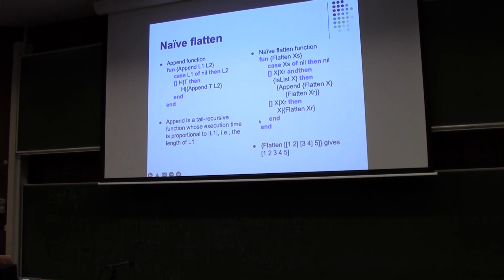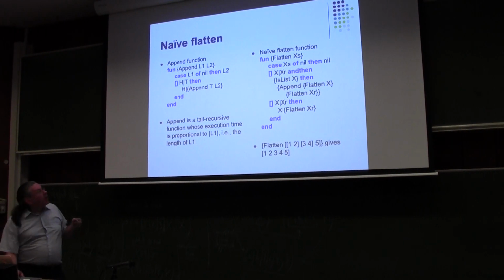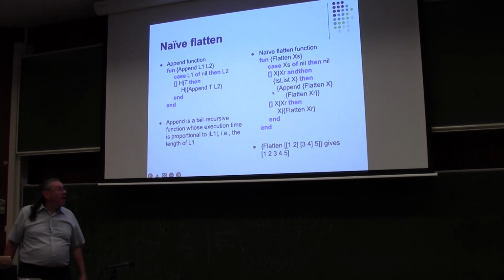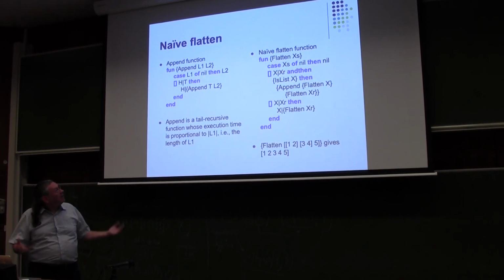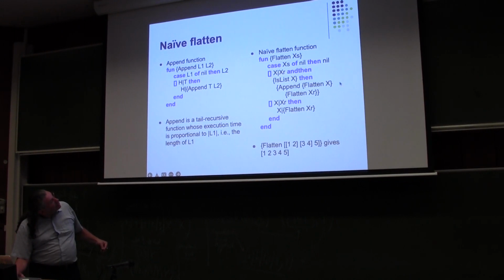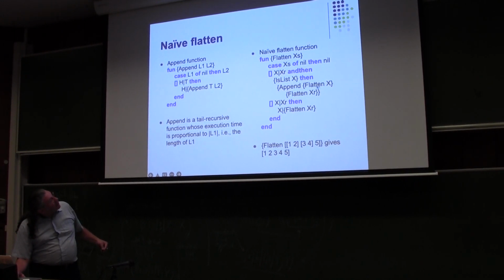Works fine, except it's kind of too expensive. I'm doing all these append operations. The more I have nested lists, the more I'm going to be doing append operations, okay? When I flatten x, I have some list here, and the time of the append is going to be proportional to the length of this.